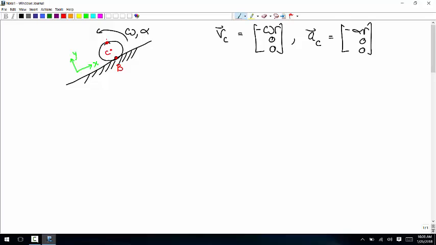The center is C, and opposite the bottom is the top T. If you're trying to calculate the acceleration of the top relative to the ground, that's equal to the acceleration of the top relative to the center plus the acceleration of the center relative to the ground. You don't have to ignore anything here. There's no centripetal acceleration to this at all. This acceleration is just negative alpha r, 0, 0.